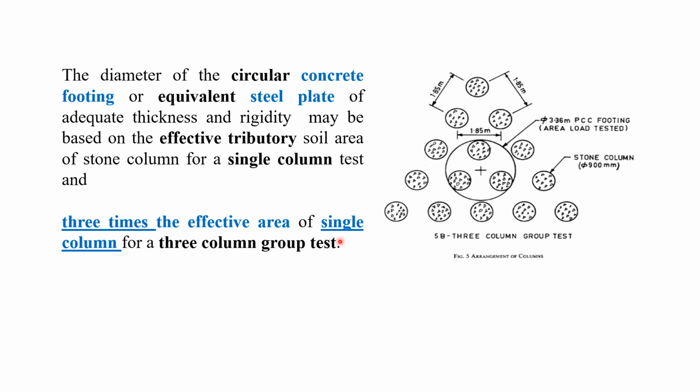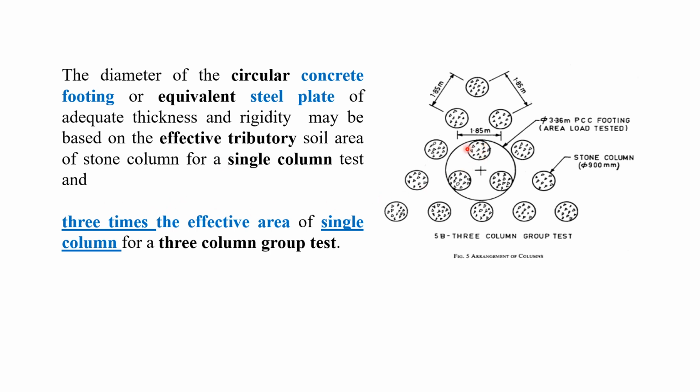So for a single column test, what we have to do is provide the circular concrete footing or equivalent steel plate surrounding the stone column. The diameter of these two things will be equal to the effective area of the single stone column, right?